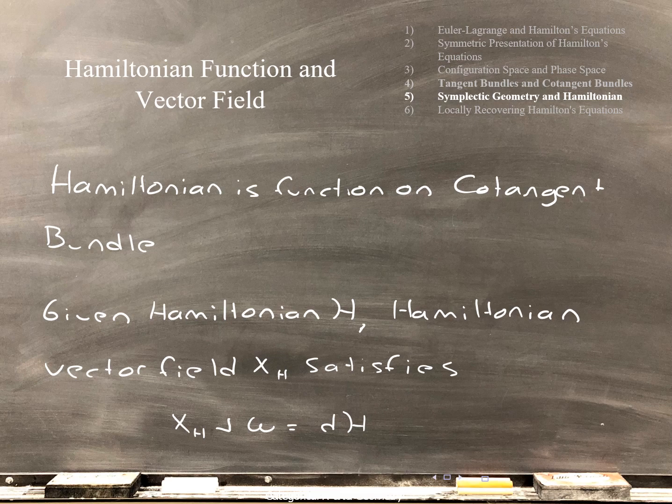This is saying that essentially the contraction of our Hamiltonian vector field into the symplectic form should be equal to the derivative of the Hamiltonian function. Right? And this is exploiting the fact that omega is non-degenerate in asserting that such a vector field actually even exists. But this is a global equation which is going to hold throughout our cotangent bundle. So these are differential forms defined on the cotangent bundle.